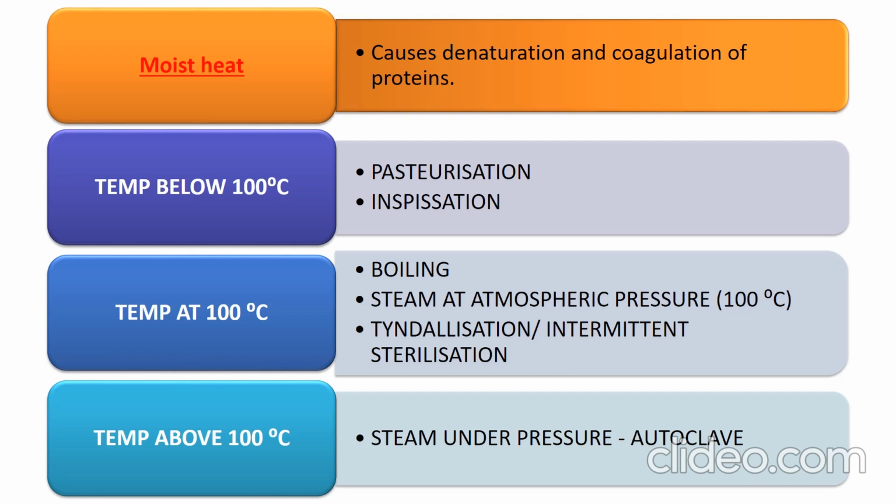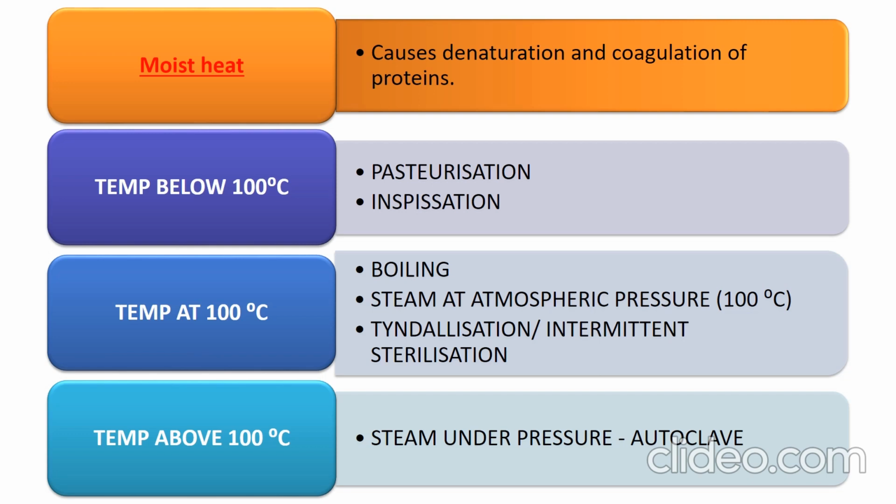The temperature maintained in a hot air oven is ideally 160 degrees Celsius for 60 minutes. It can vary: if the temperature is decreased, time can be increased, and if the temperature is increased, time can be decreased. Already I have told you what can be sterilized by the hot air oven.